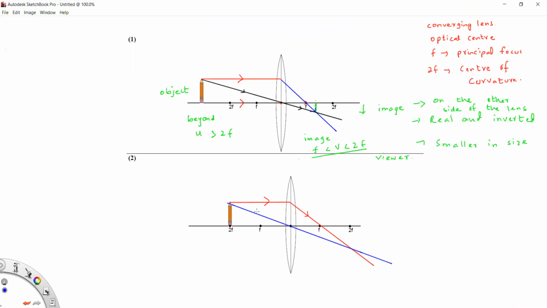So see this, this is the other light ray that passes through the optical center. Beta, are you guys with me?